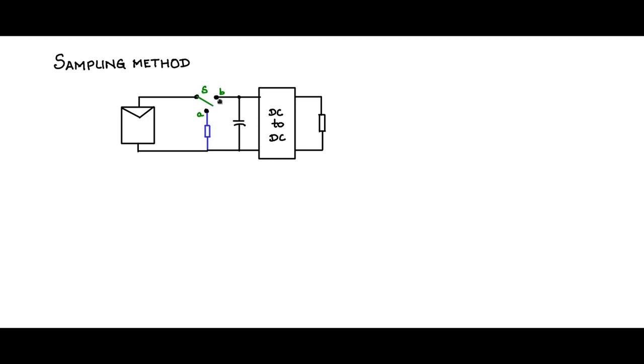When S is connected to throw B, that is the normal operating condition when the PV panel is powering the load through the DC-DC converter. When switch S is connected to A, B is open and whatever energy is stored in this buffer capacitor will be driving the load.